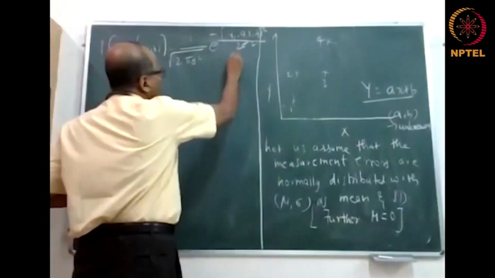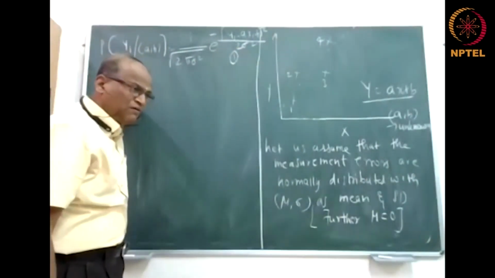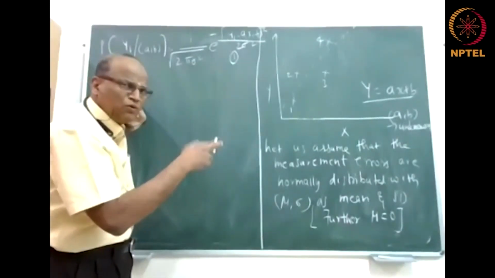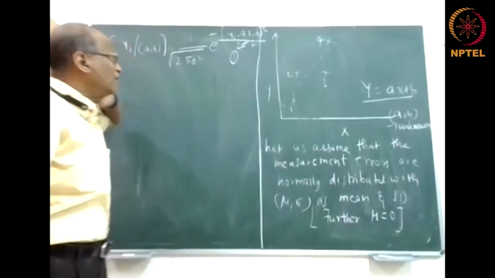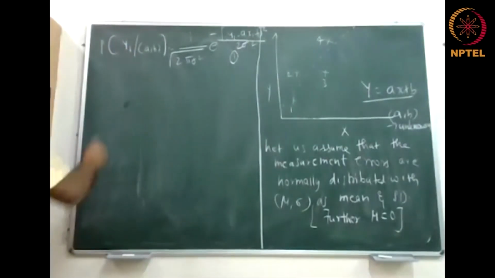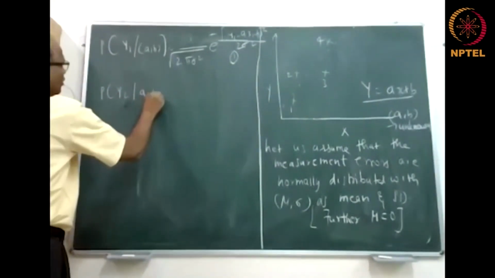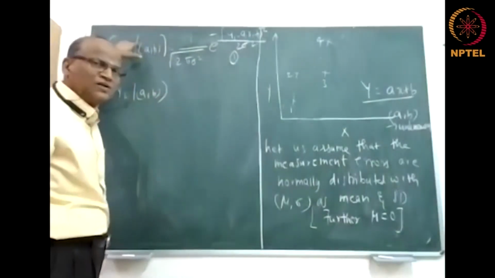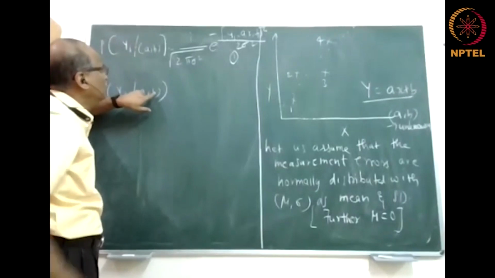This is the probability of getting y1 for a given x1 and for an assumed a and b. You can assume a and b whichever way you want. This is called the conditional probability: the probability of y for a given assumed set of a and b.